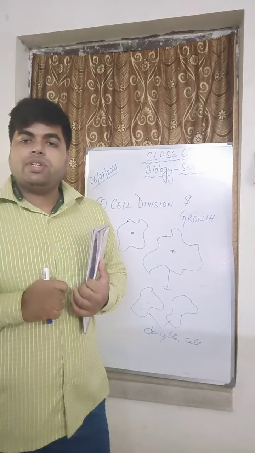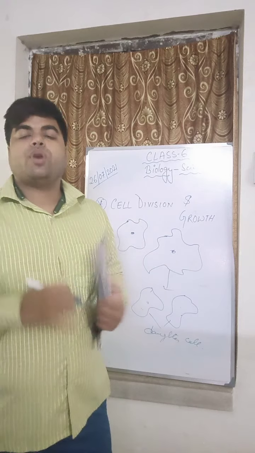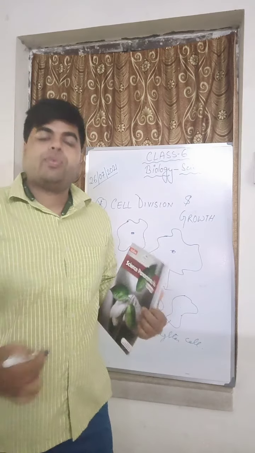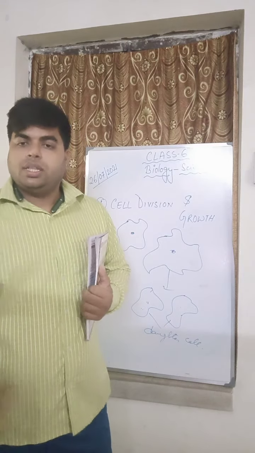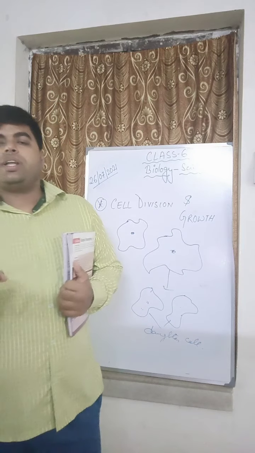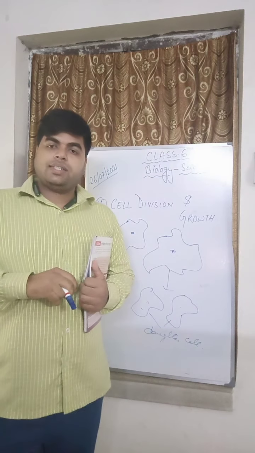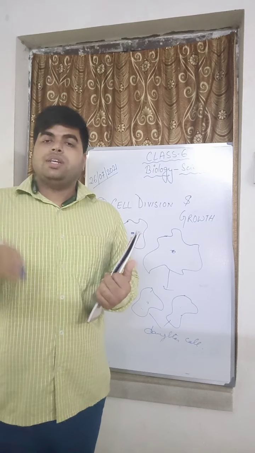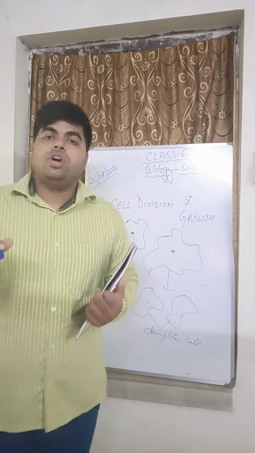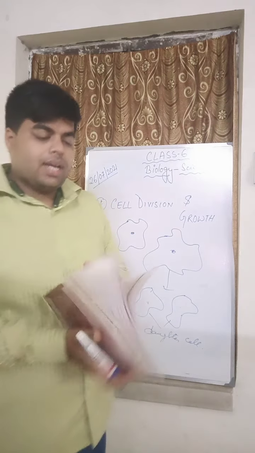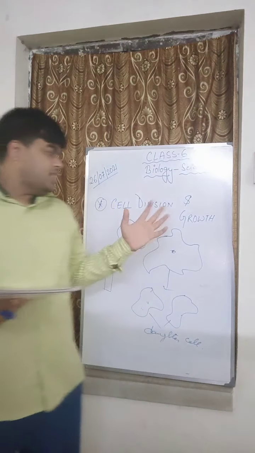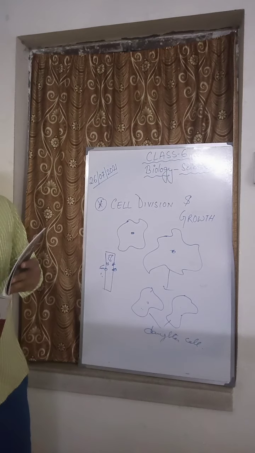Unless there is cell division, we cannot have reproductive cells and we cannot reproduce our young ones. So these are the three important things that are helped by cell division.